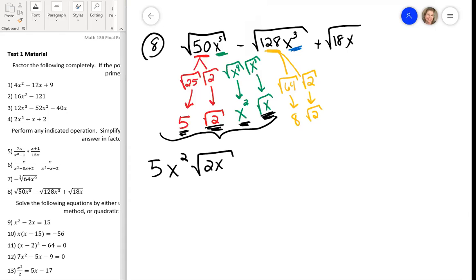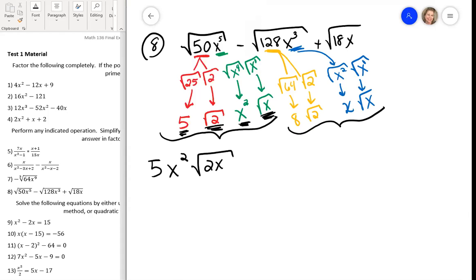And then the x cubed, I broke that down to be the square root of x squared times the square root of x to the 1st, because 2 and 1 is 3. And the square root of x squared is x. But I can't take the square root of x to the first, so that's just square root of x.